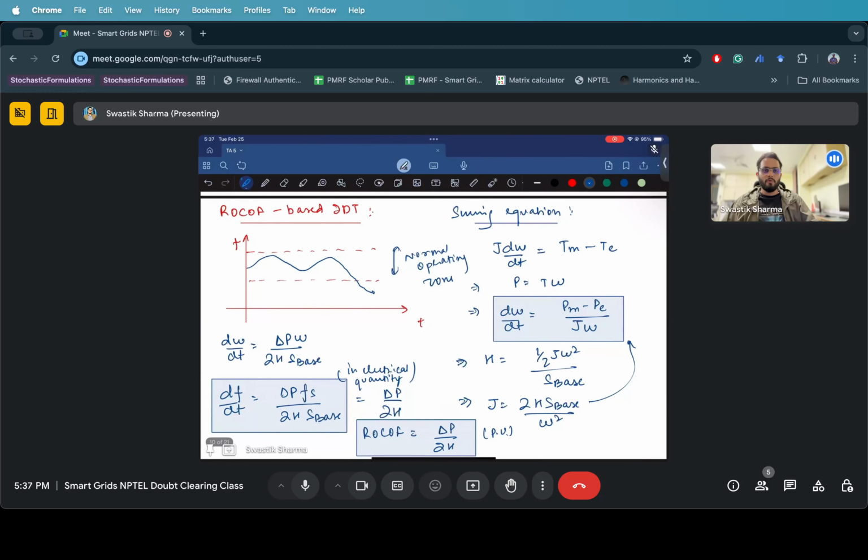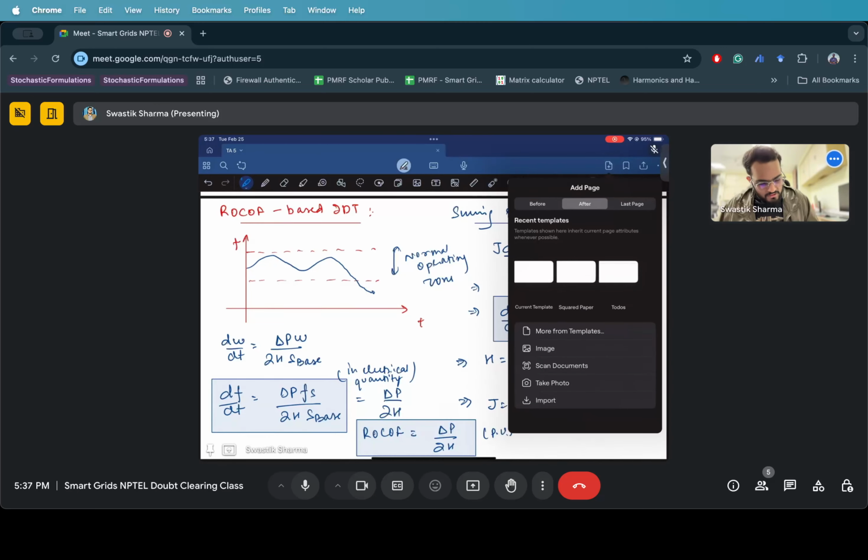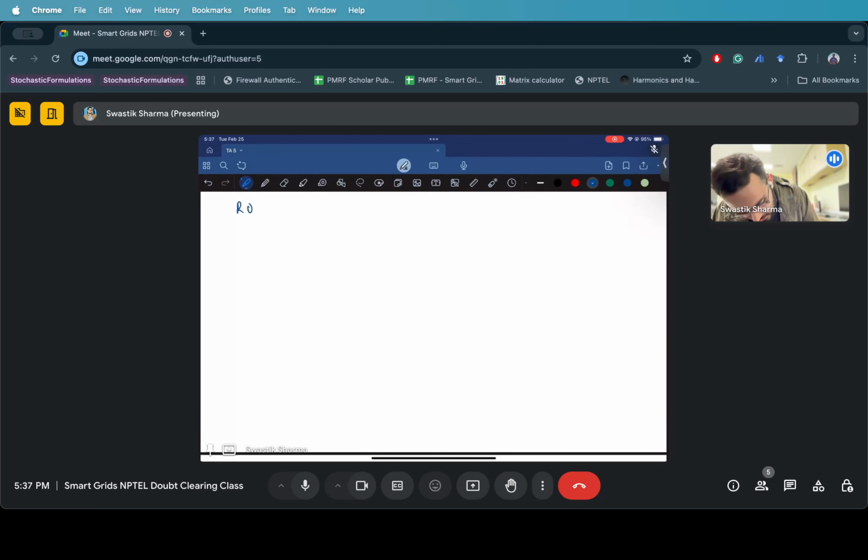So this is how a ROCOF based IDT works, and we have one more, which is called rate of change of phase angle IDT. So what we do in this islanding detection technique is we monitor the phase angle of voltage and current simultaneously, right?